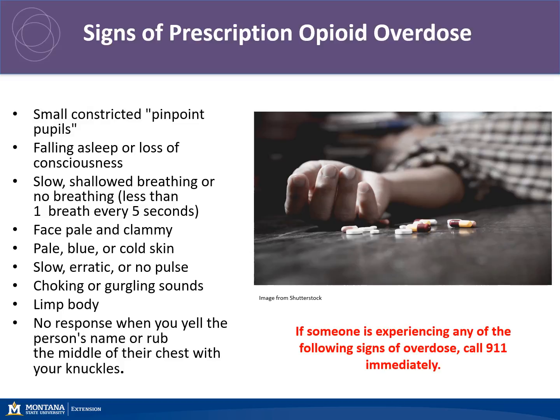This information comes from the Montana Department of Health and Human Services Best Practice Medicine naloxone training course and the CDC Preventing an Opioid Overdose tip sheet. If someone is experiencing any of the following signs of overdose, call 911 immediately.